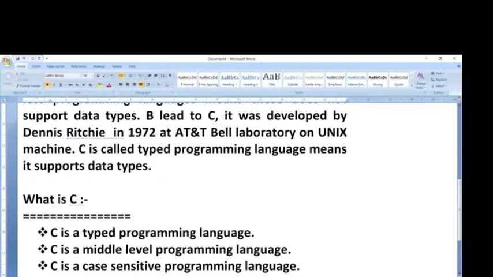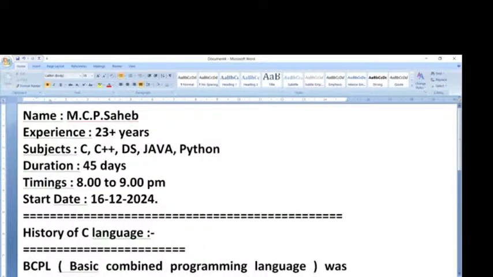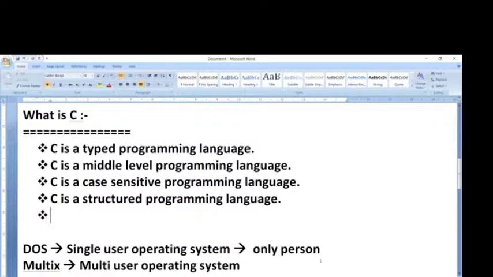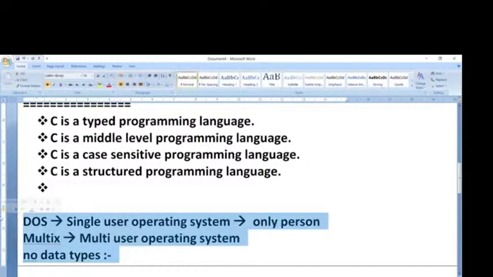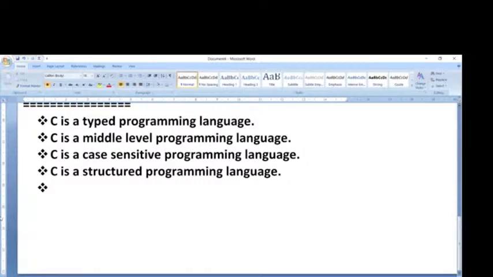C is a structured programming language. It means in C language, you can divide a big program into small parts. Suppose I take a grape. To eat a grape, we need not cut it. We can have it directly.